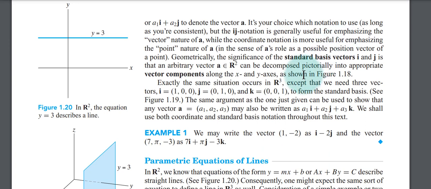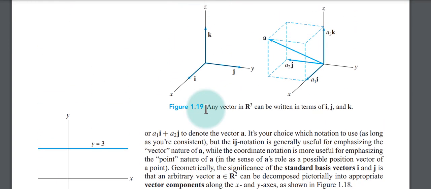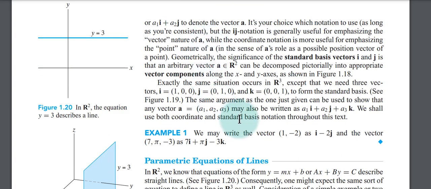So when we're talking about R3, when we indicate a vector, even if it's i, we have to give all 3 of its dimensions. We have to specify it as a triple. So what is i in R3? It's 1 unit in the x direction, but no units in the y direction, and no units in the z direction. So it's 1, 0, 0.